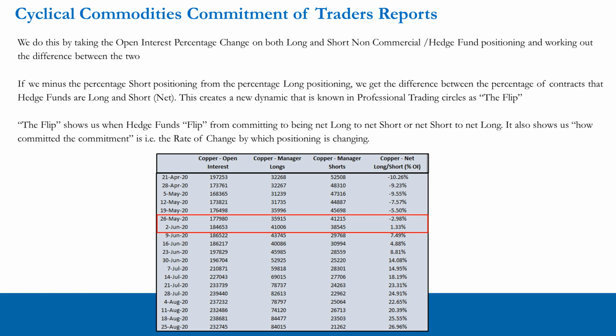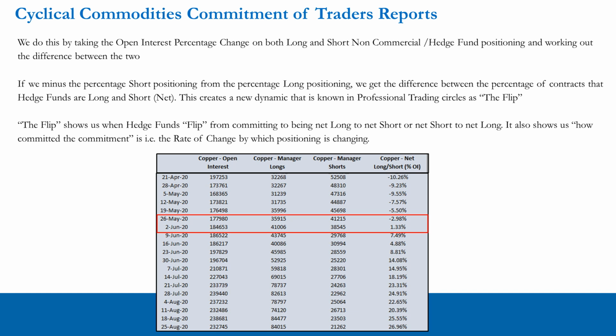We do our analysis by taking the open interest percentage change on both long and short non-commercial hedge fund positioning and work out the difference between the two. If we minus the percentage short positioning from the percentage long positioning, we get the difference between the percentage of contracts that hedge funds are long and short, which gives us the net.